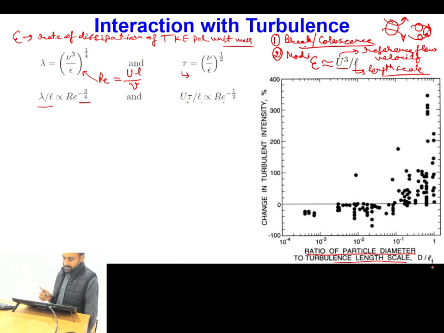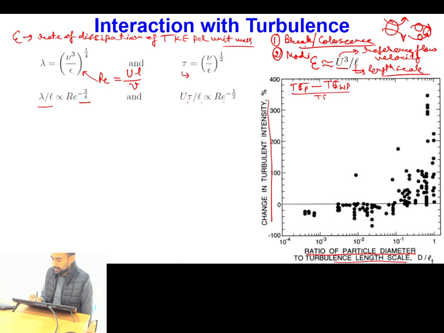Okay, and on this side I am having the change in turbulent intensity. What does it mean? Turbulent intensity for flow with particles minus turbulent intensity for flow without particles, divided by turbulent intensity for flow without particles, into 100.